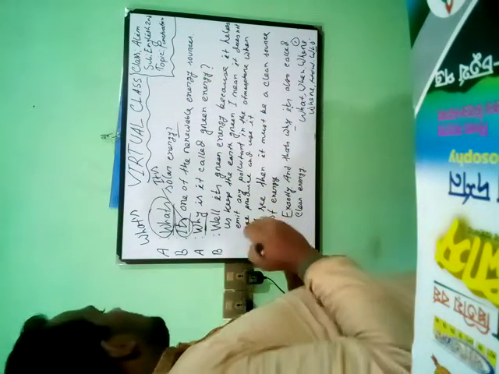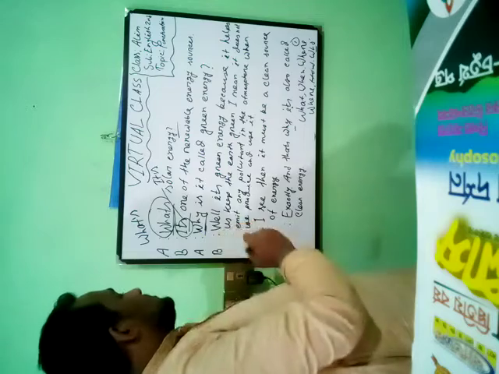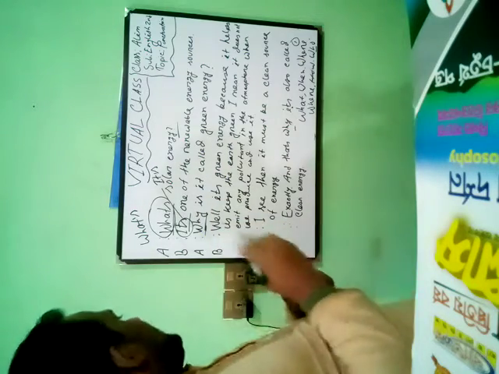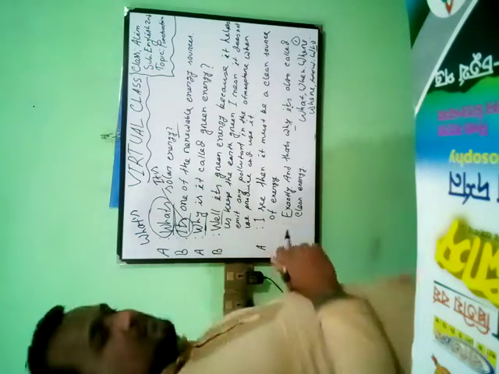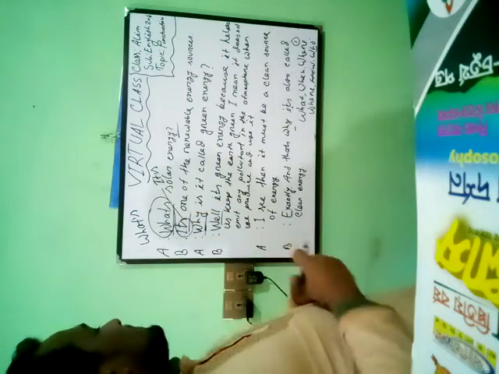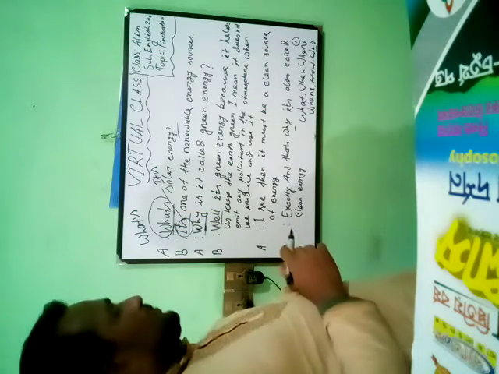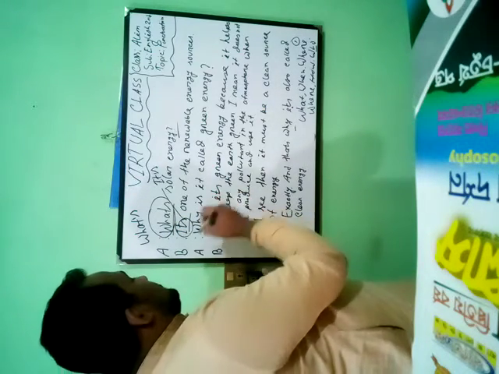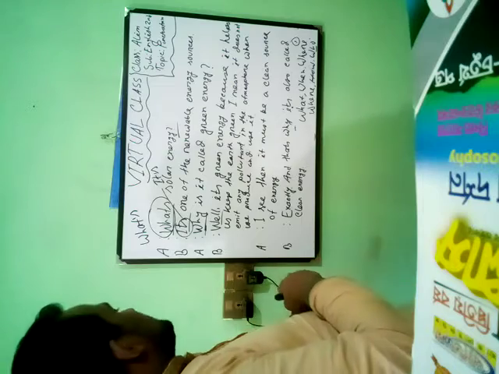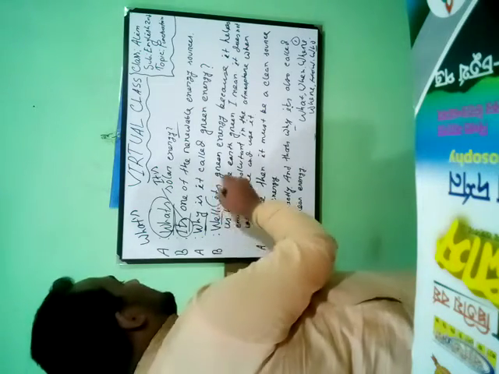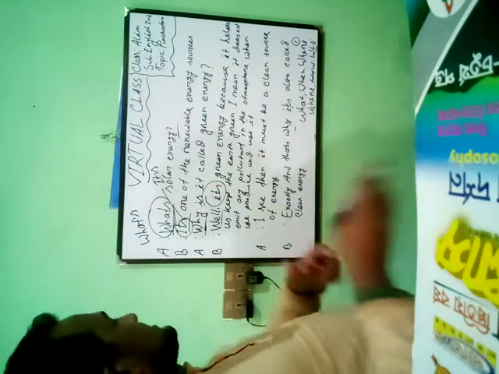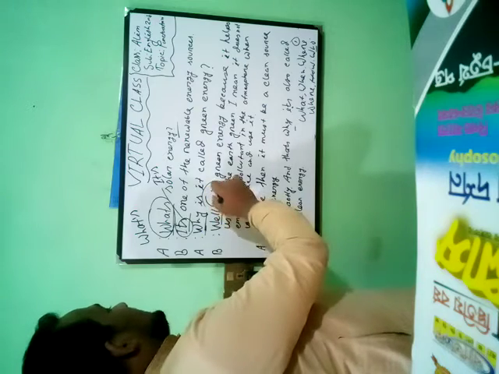So "Well" is a word. This word is an adverb. Basically, after any adverb, you have to put a comma. That's why I have just put a comma here. This problem has been discussed a bit earlier. It's like this.